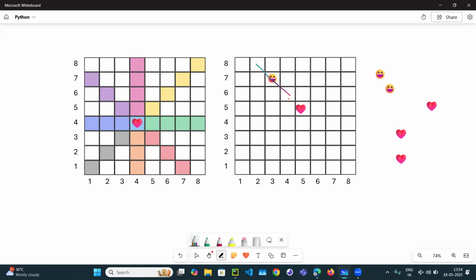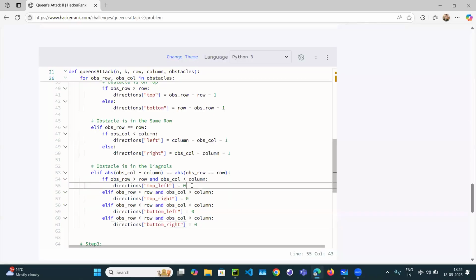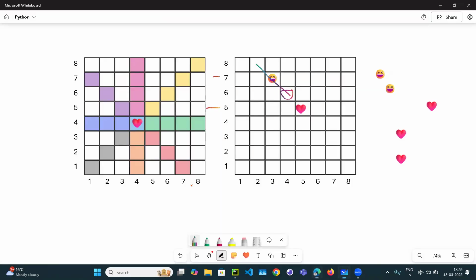How many rows or squares, basically? The obstacle is on row 7 and the queen is on row 5. So 7 minus 5 is 2, and it's 1, just 1 square, because we know it's already diagonal. So obstacle row minus queen's row minus 1.